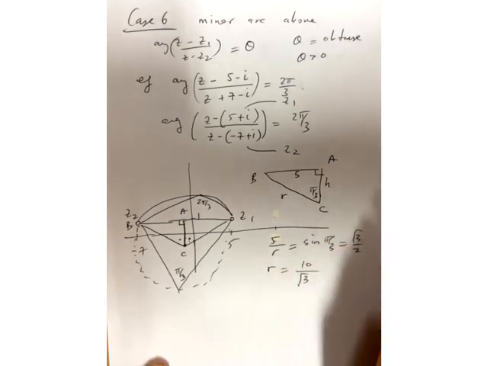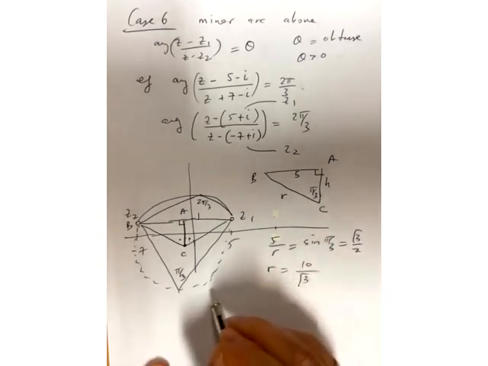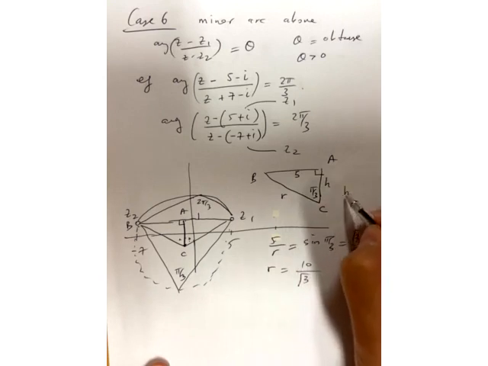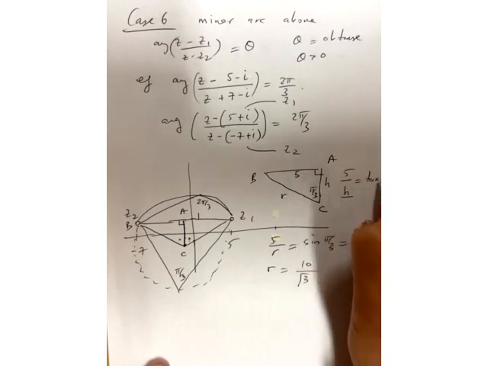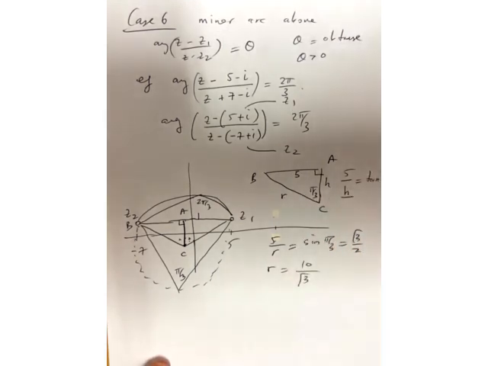Using the same trigonometry, 5 over H is going to be tan of pi on 3.